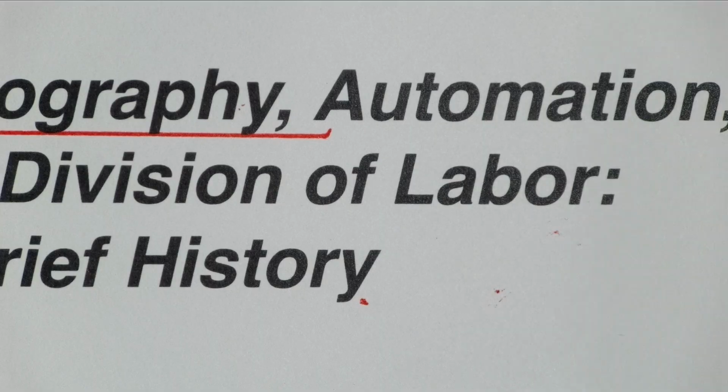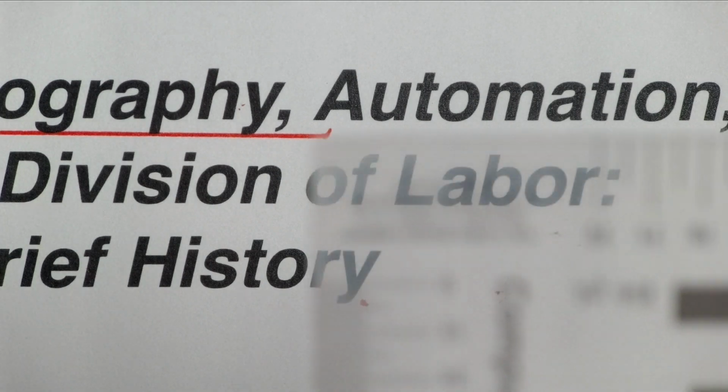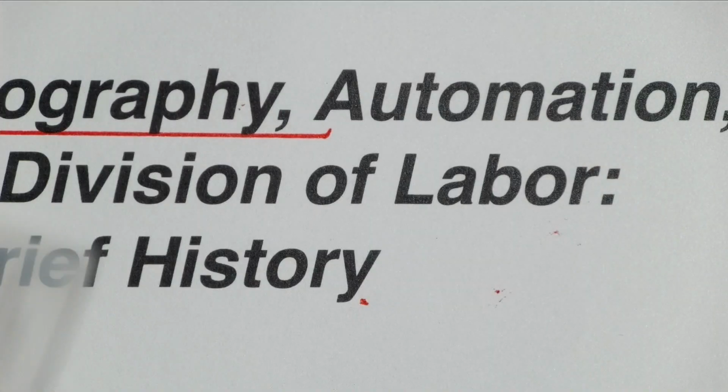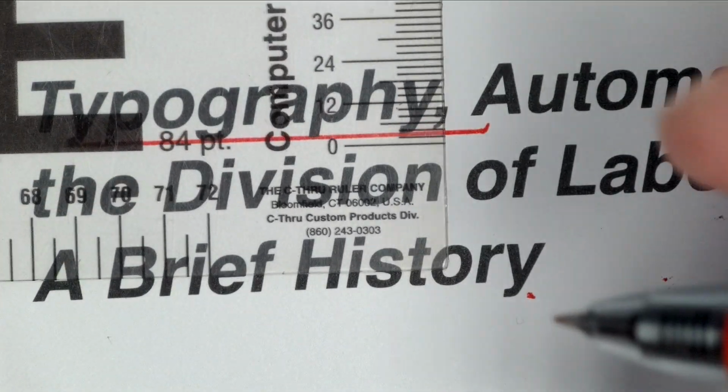All right, toss that over there. Let's look at this one. Let me get this one out. Here we go. Computer point scale. Again, this one's a little different. This one actually is fairly clear.